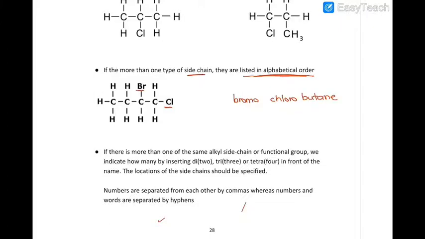Now I need to mention the position of the bromine and the position of the chlorine. So again, we're going to start numbering so that they end up with the lowest numbers. So 1, 2, 3, 4. So 1-chloro and then 2-bromo. Now the numbers and the words are separated by hyphens. So the name would be 2-bromo-1-chlorobutane.